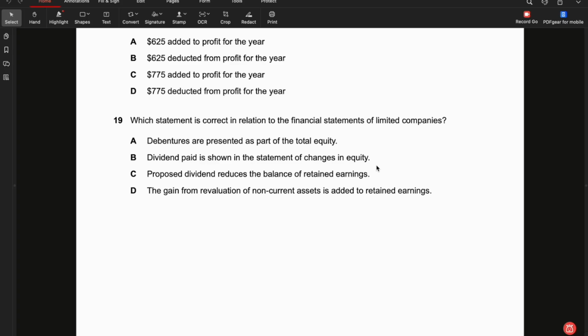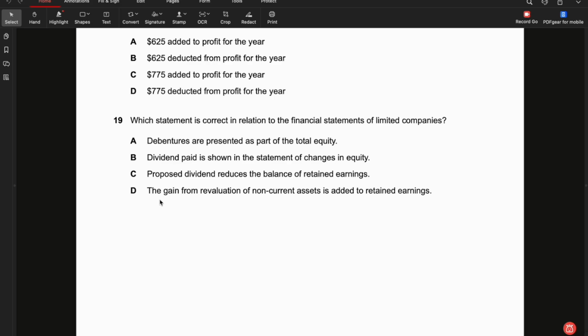So when we prepare the statement of changes in equity, all the dividends paid should be subtracted from retained earnings. Okay. But if there's a proposed dividend, we will not write that at all. Like question C, proposed dividend reduces the balance of retained earnings. So we do not write proposed dividend, so it does not reduce the balance. Only the dividend paid should be recorded.